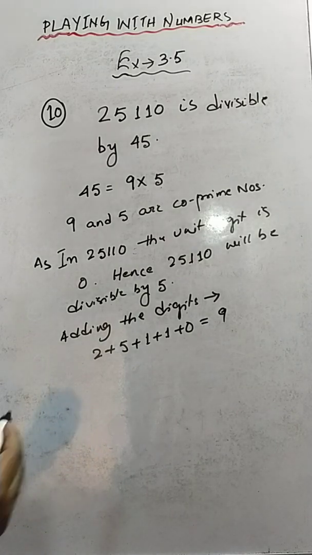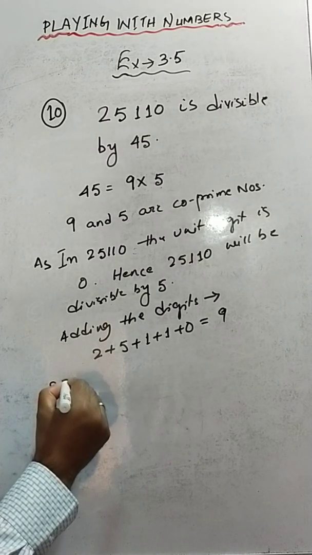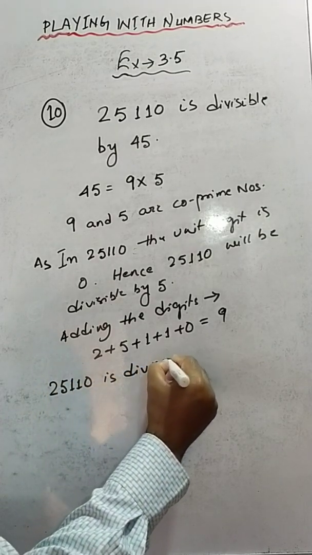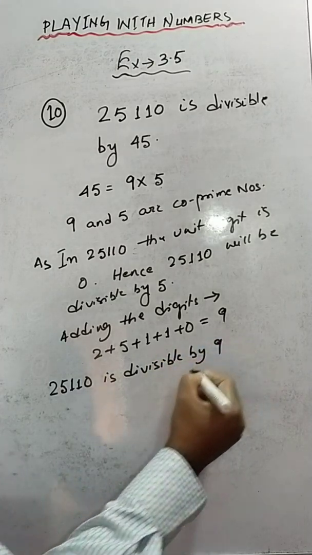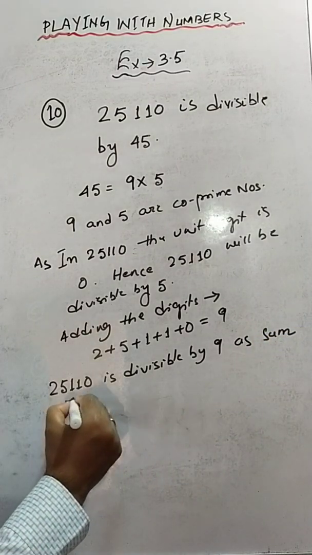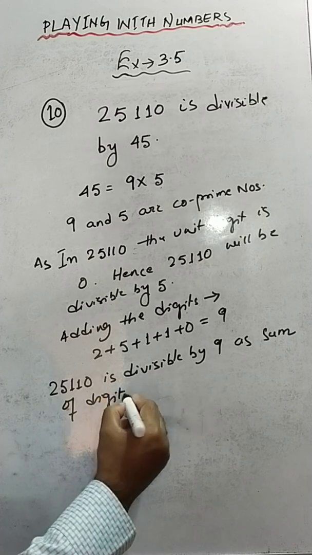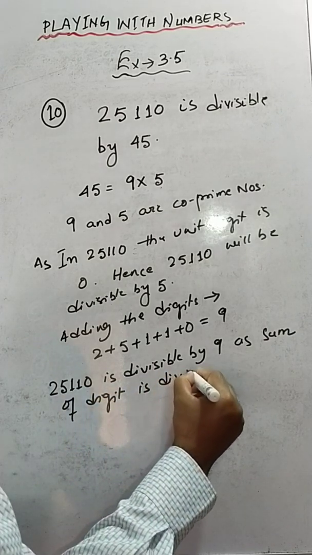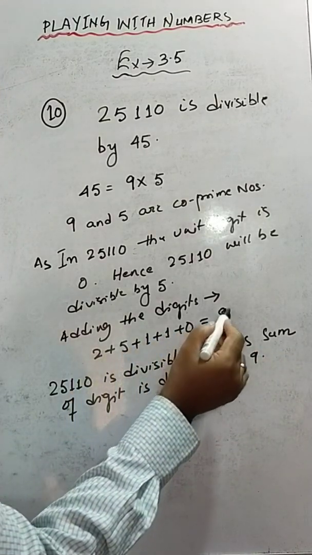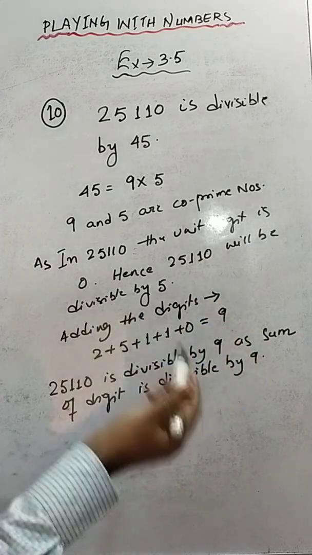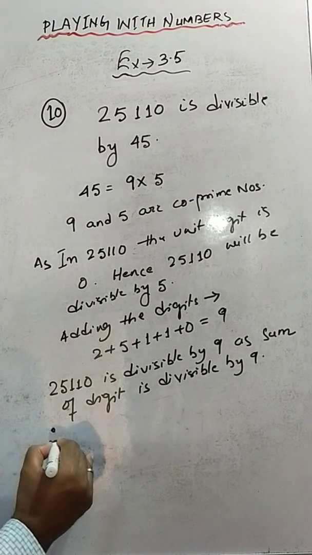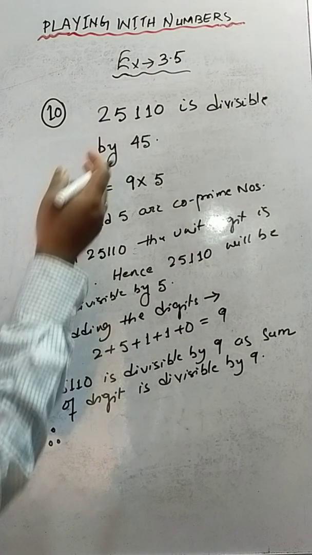So we will say 25110 is divisible by 9 as the sum of digits is divisible by 9, isn't it? When you are adding all the digits, what sum are we getting? 9. So 9 is divisible by 9. Hence what can we say? Therefore the number must be divisible by 45.